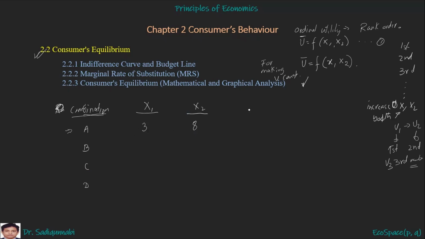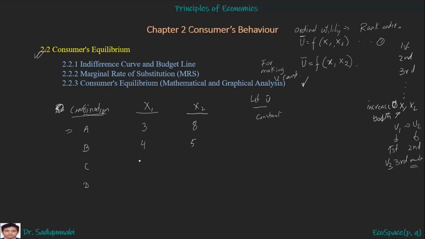So let u be constant. If you increase the amount of x1 by 1 unit, that means 4, then you have to decrease the amount of good x2, maybe to 5. Why? Because this is constant, you have to decrease the amount of good x2.